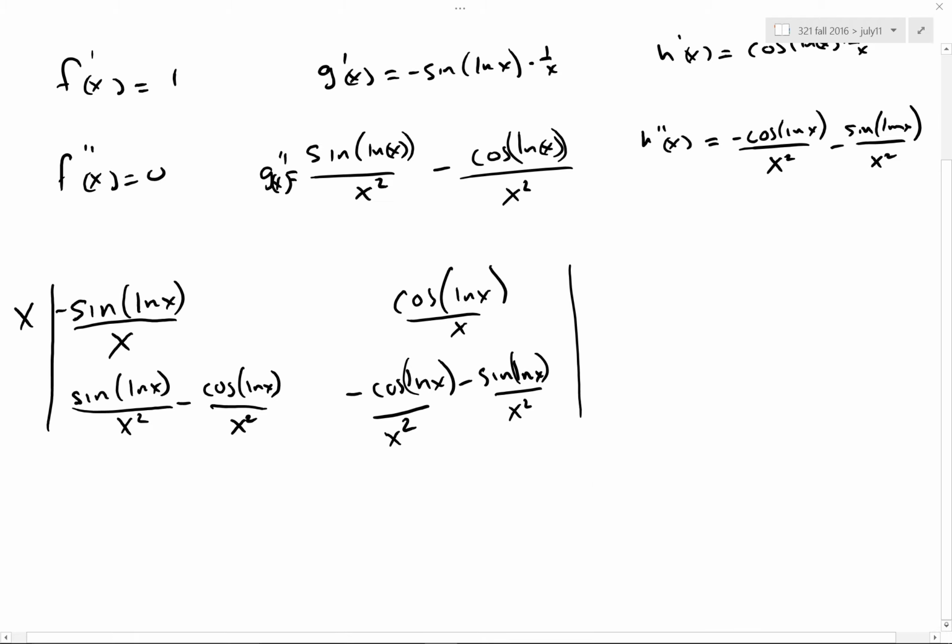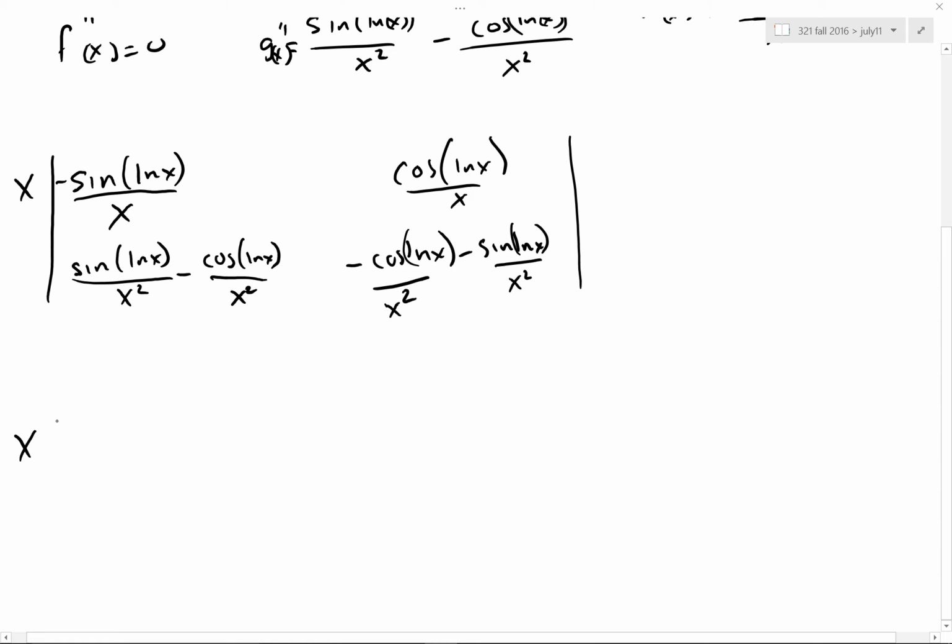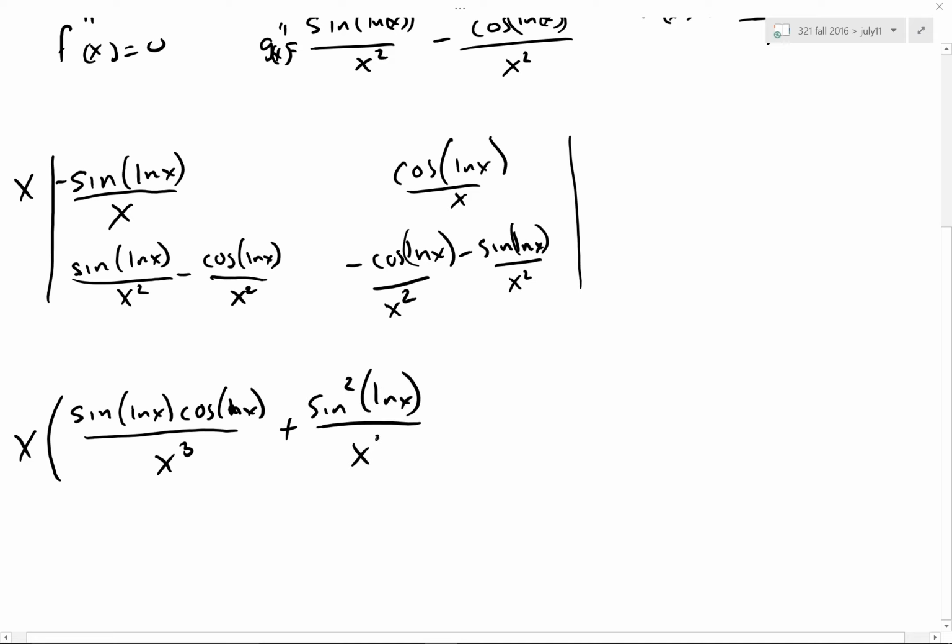So we're going to get x parentheses, and this times this is going to be positive sine of the ln of x cosine of the ln of x over x cubed plus sine squared ln of x over x cubed.